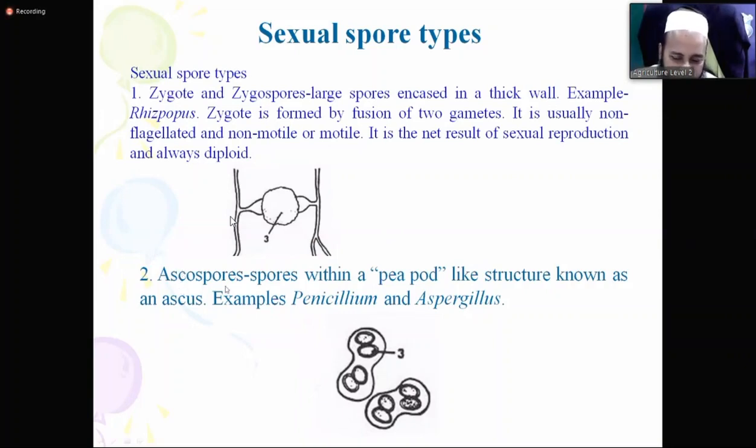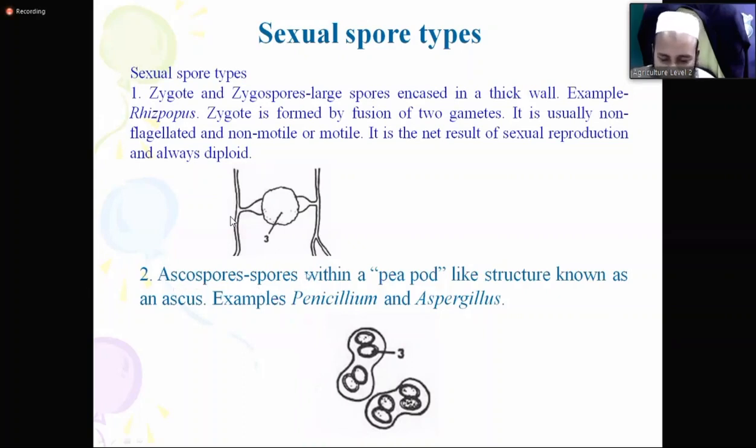So another spore is ascospore. Ascus is a type of structure. Ascospore is from a special group of fungi, Ascomycotina or Ascomycota. Some teachers will teach you Ascomycota also.